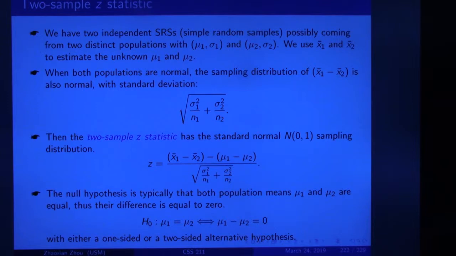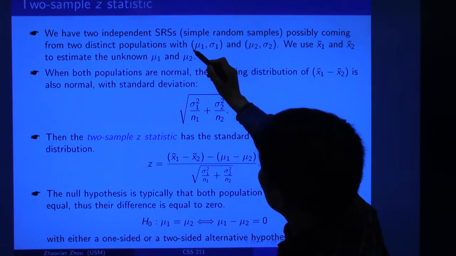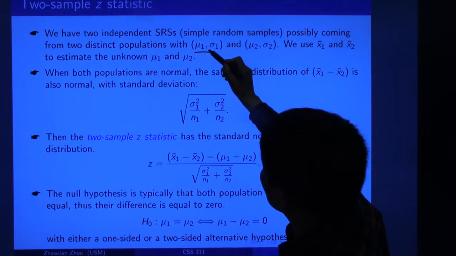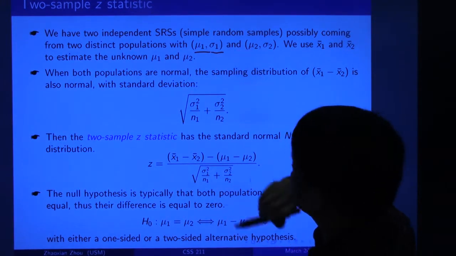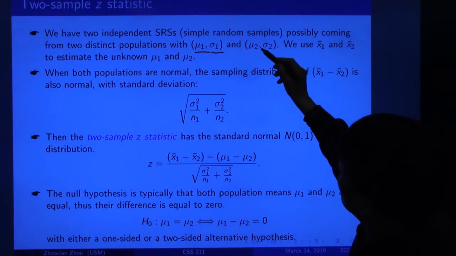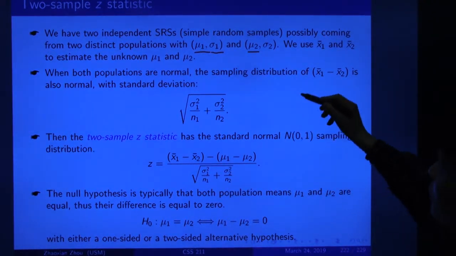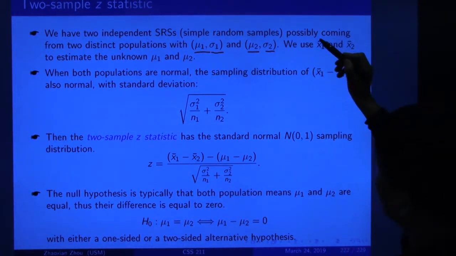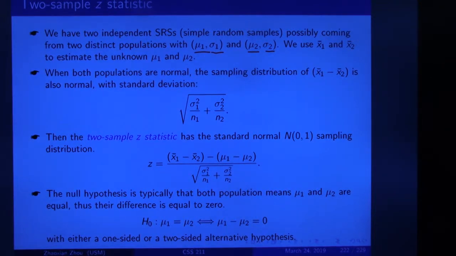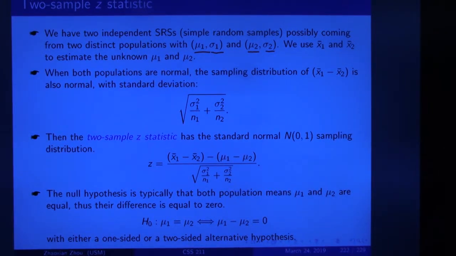The first population has mean mu1 and known standard deviation sigma 1. The second population has mean mu2 and known standard deviation sigma 2. And the two samples are from these two possibly distinct populations.